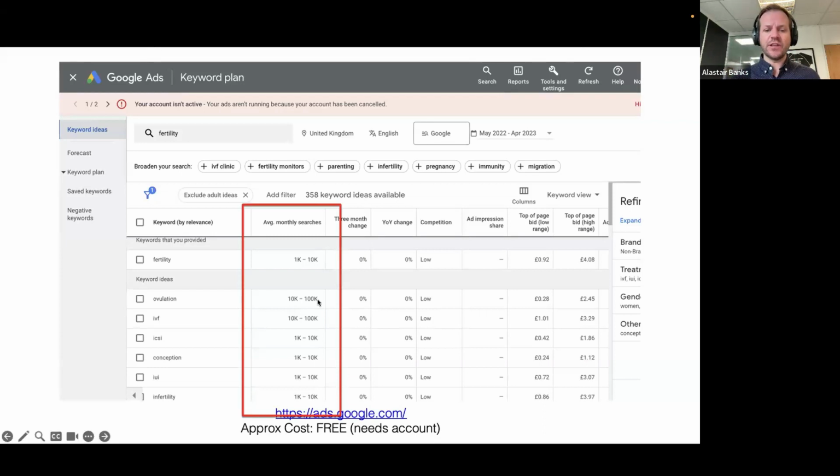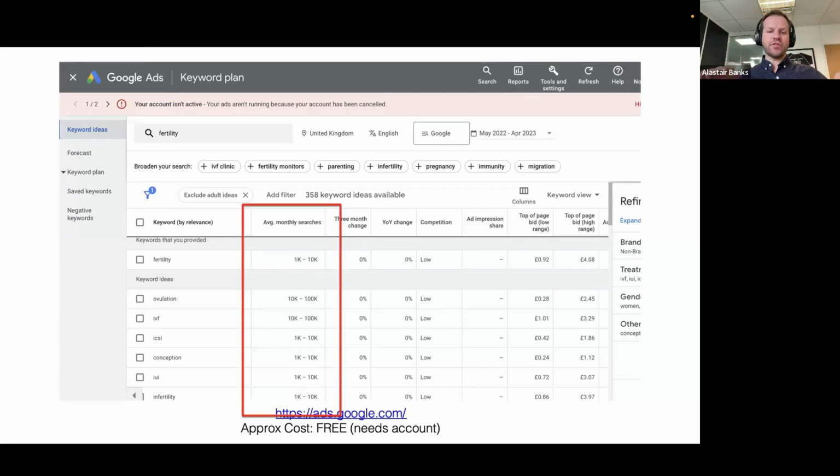For example, IVF has 10,000 to 100,000 searches every single month in Google. That is a lot. However, IUI has between 1,000 and 10,000 searches per month, which is still a good amount. But what that might mean is that I need to be using the words IVF rather than IUI.